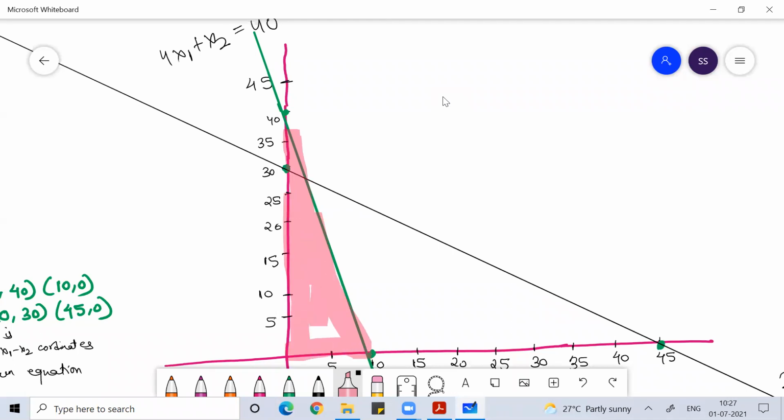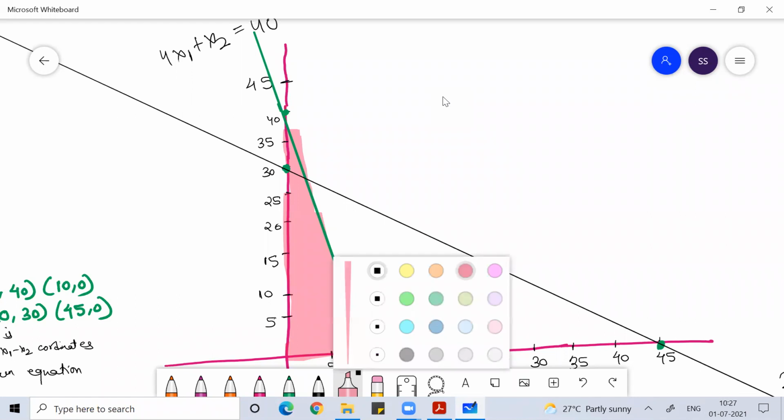I hope you people can easily understand. Less than or equal to sign means your area would be this. Is this clear, everyone? So less than or equal to sign, this would be your area because x1, x2 is 0, so it cannot go to any other coordinate.